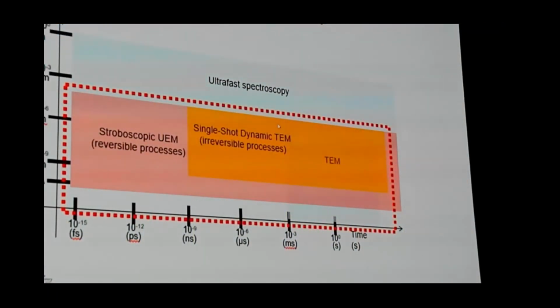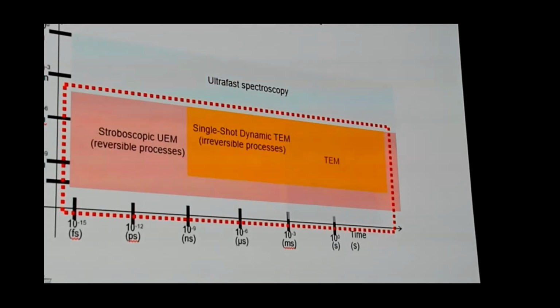Many of our catalysis projects do not involve reversible processes. They are things that happen over time that we'd like to observe as time goes on. So when I talk about single shot dynamic TEM, it is for irreversible processes, but this means that you photoexcite the cathode again, but with a lot of electrons coming down at once, like 10 to the 8, 10 to the 10.